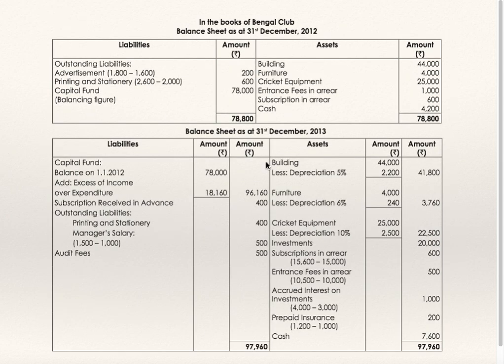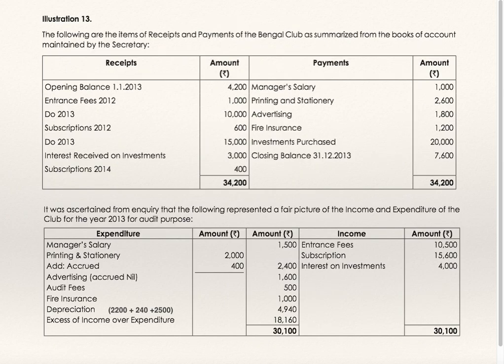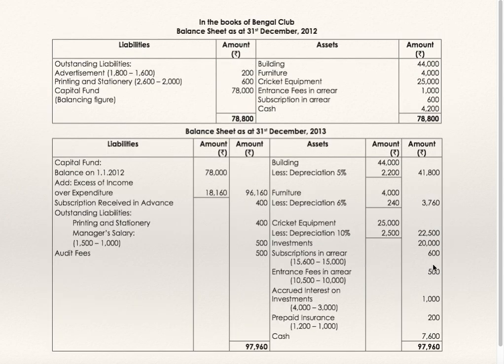Opening balance sheet assets, outstanding subscription 600. Current year subscription received is 15,000, but current year subscription as per income is 15,600. So current year's outstanding subscription is 600, which will go to closing balance sheet. Subscription in arrears 600.